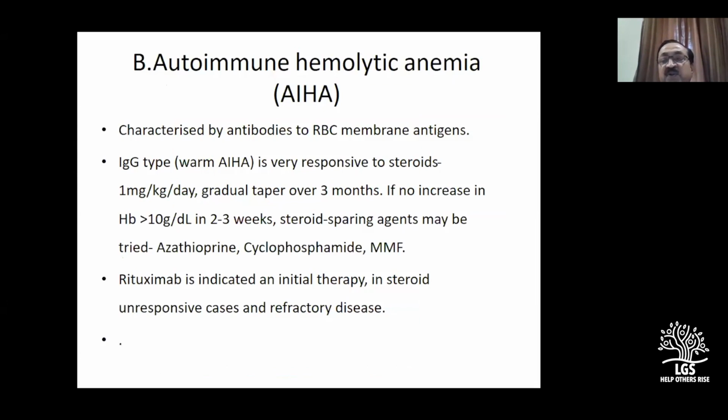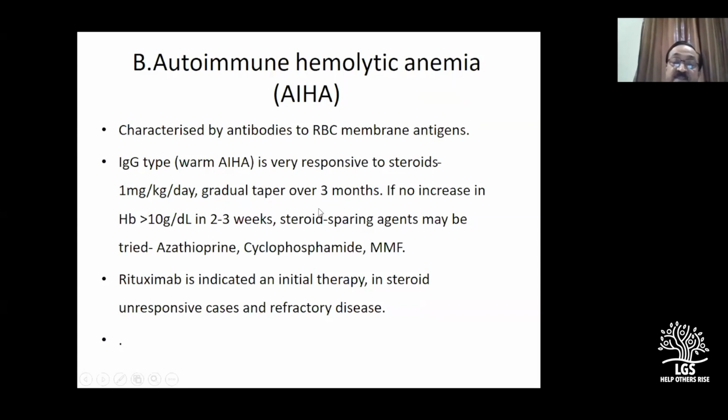Now another one or two I have brought over here, because as surgeons we also deal with what is called autoimmune hemolytic anemias. Here the important thing is to check for the hemoglobin IgG, and they will ask you, will you do straight away splenectomy? Your answer should be, they are very responsive to steroids. So please remember, you try the steroids, taper it over 3 months.